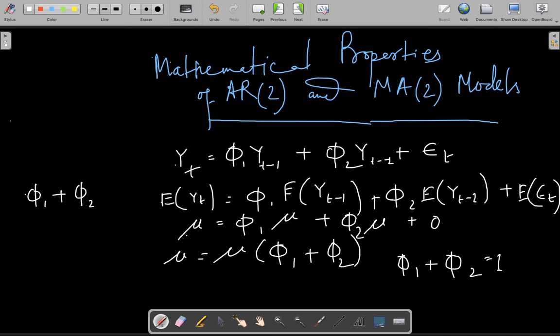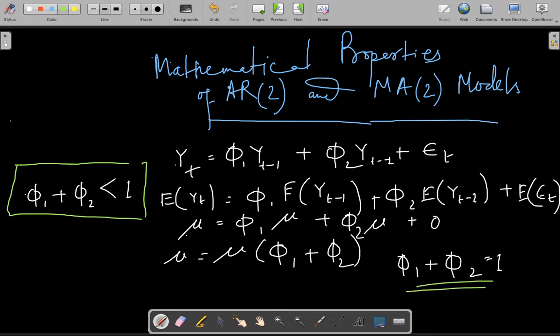This is already given as the stationarity condition, so we cannot really accept this result. That means the only possibility is that mu is 0. So only if mu equals 0 will my AR2 series be stationary.